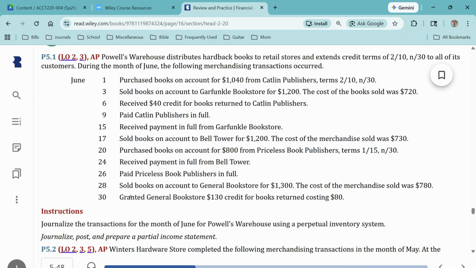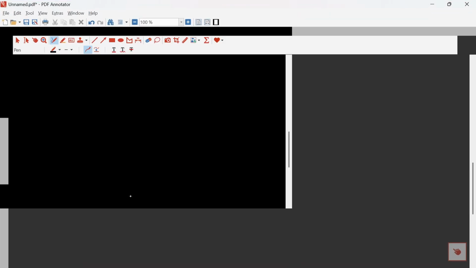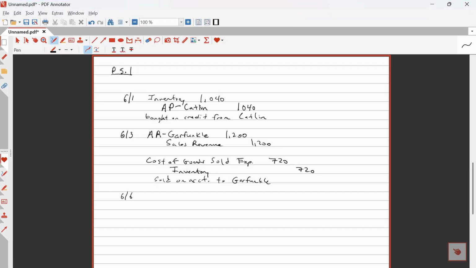So we're paying our account off with Catlin. Here's the account payable we have with Catlin that we're paying off. But we don't have to pay that to satisfy that liability. We only have to pay 98% of that to satisfy that, right? So we're definitely going to debit that liability for the full amount because we're satisfying the full liability.